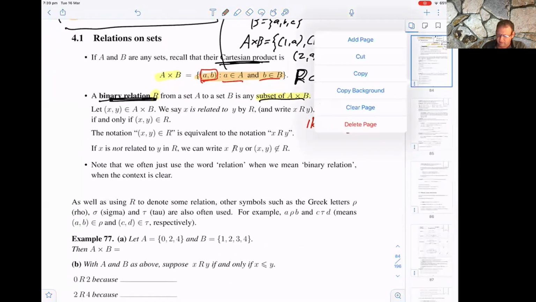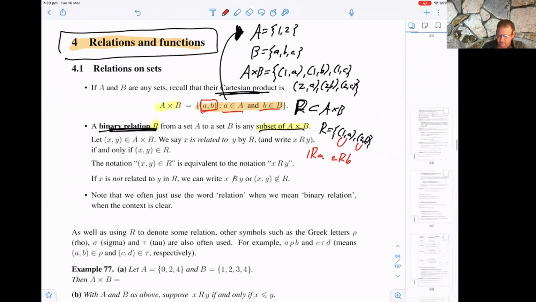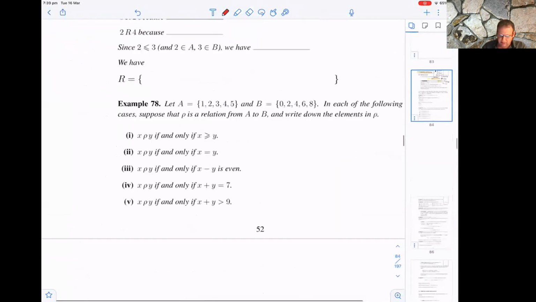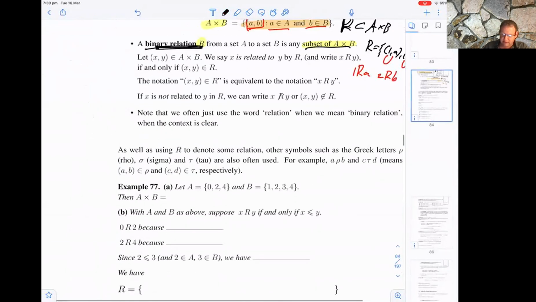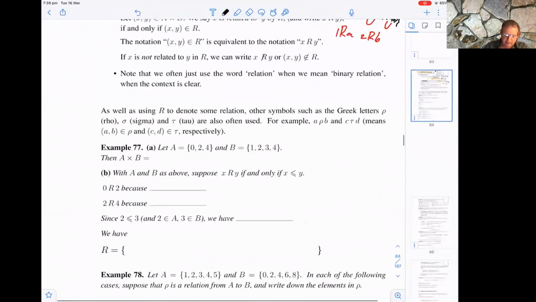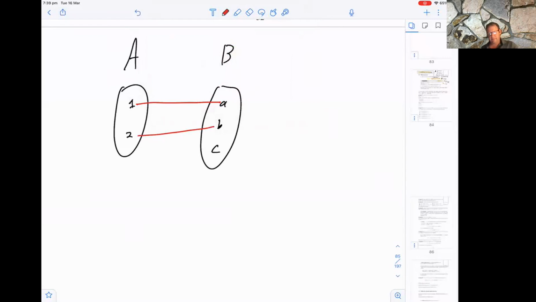Let me steal another page and hope that buggy software will not be problematic. I could have written the set A as 1, 2, and B as the set a, b, c, and I could have drawn the relation as, you see, 1 is related to a, 2 is related to b.